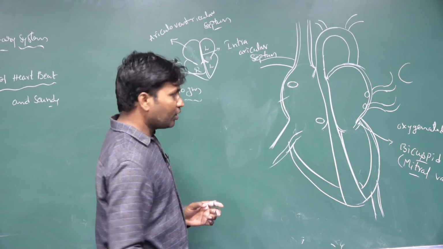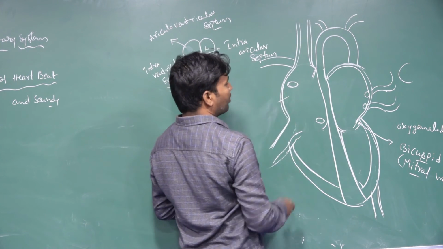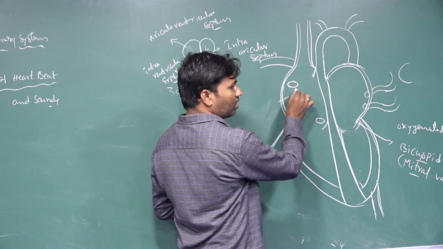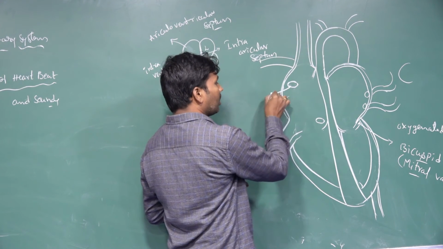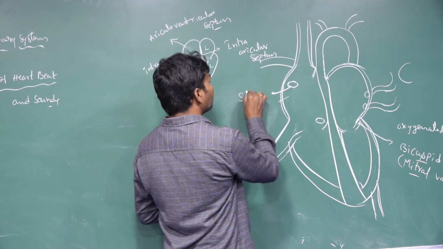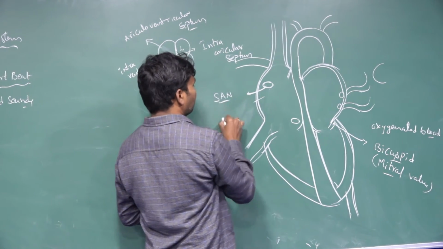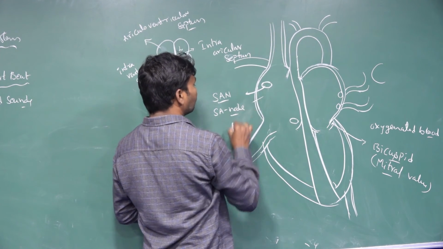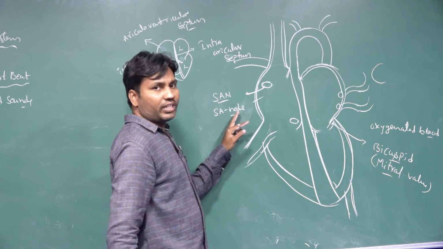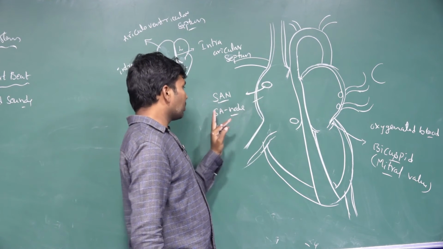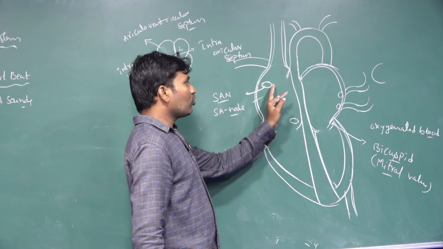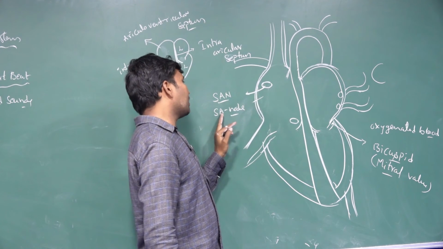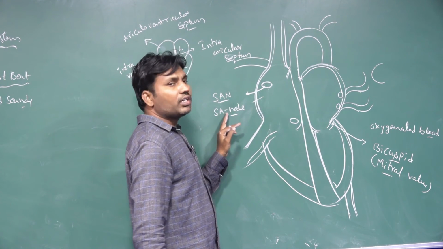In the right atrial chamber, at the upper right corner of the right atrium, there is the SA node, the sino-atrial node. Near the place where the coronary sinus opens, the nodal tissue is present.